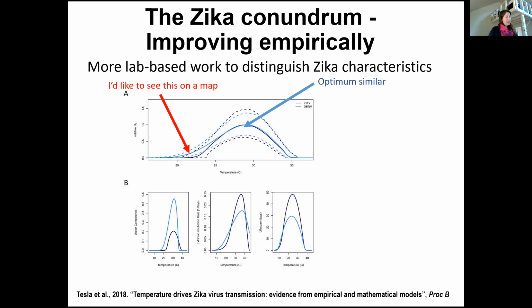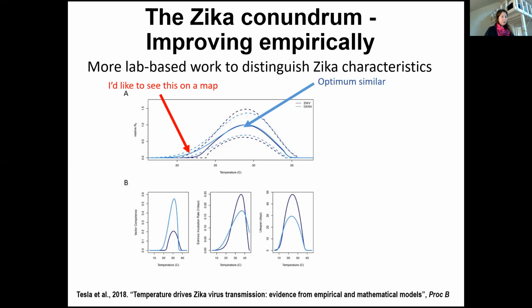However, if you look at the lower end of this curve, I thought, oh, I'd like to see this on a map because something's different. The Zika, which is that dark blue curve, basically has to be warmer for it to transmit, and that's going to mean something on a landscape scale in terms of the different risk from dengue and Zika.